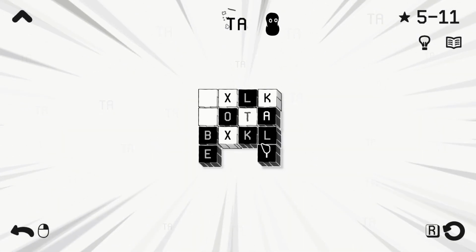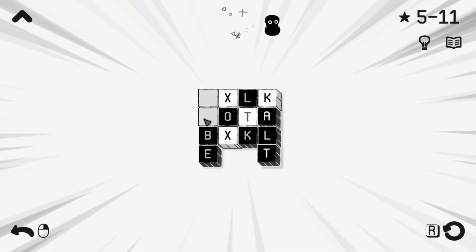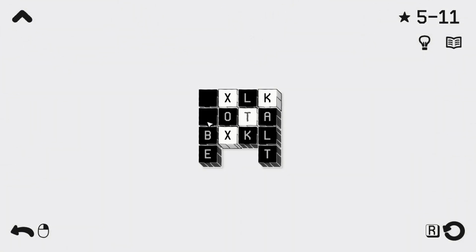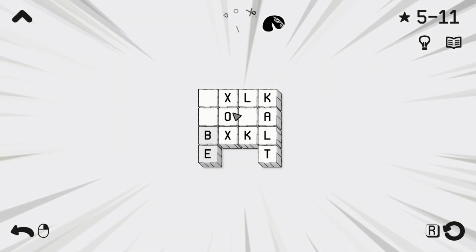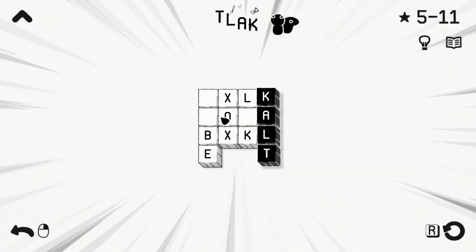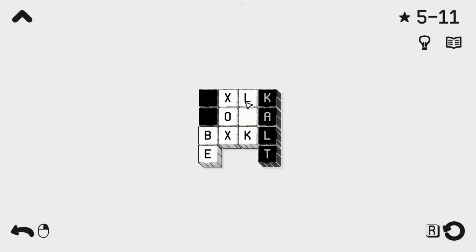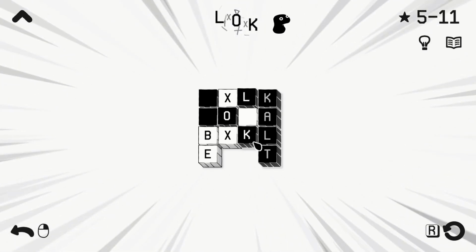So if I did a ta, yeah, it's weird. I don't have enough to work with here. I think I have to use this tlak. But if that's the case, I can't do much.